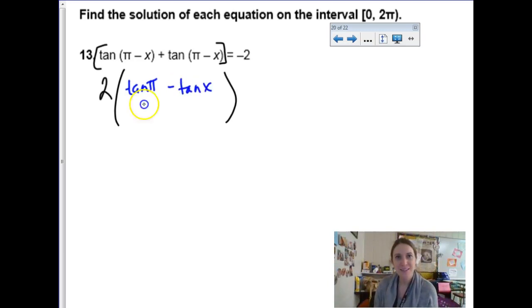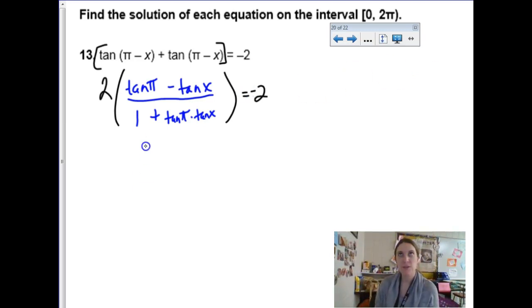Minus tan x over 1 plus tan pi times tan x. I never remember that one, so I apologize for having to sneak a little peek at my notes. Alright, so tangent at pi, sine over cosine, that's 0, isn't it? So this is a 0, and this is a 0. So this term's gone, and that's just that.